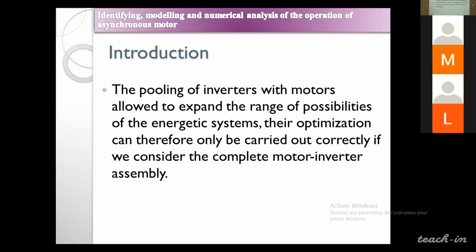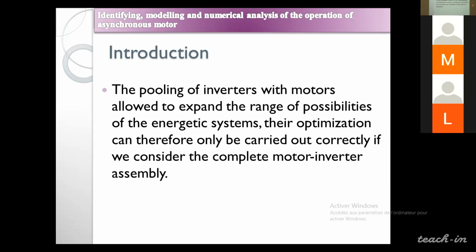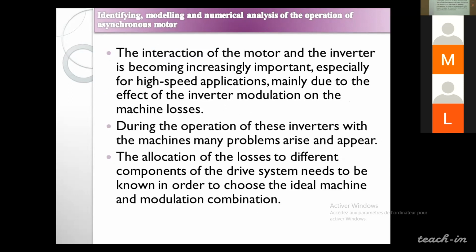The pooling of inverters with motors allowed us to expand the range of possibilities of energetic systems. Their optimization can therefore only be carried out correctly if we consider the whole motor-inverter system. The interaction of the motor and inverter is becoming increasingly important, especially for high-speed applications, mainly due to the effect of the inverter modulation on the machine losses.